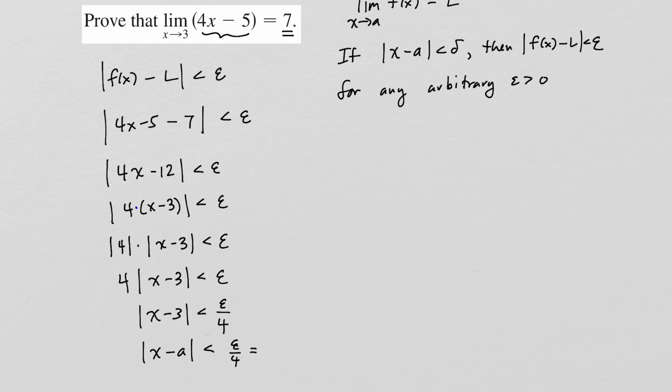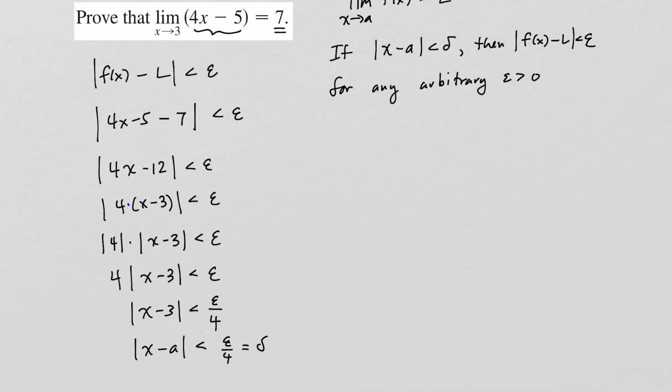And this epsilon over 4 is our delta. Now, this is actually the work for the proof. How do we prove that this limit actually exists? Well, the way you prove it is you have to show that whenever this is true, this will be true.